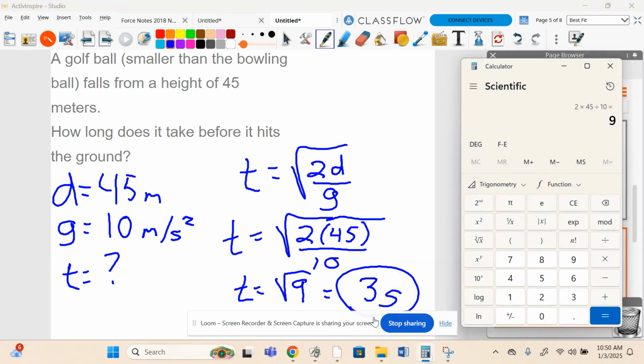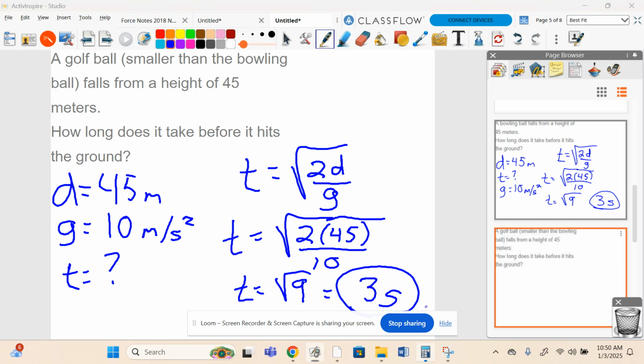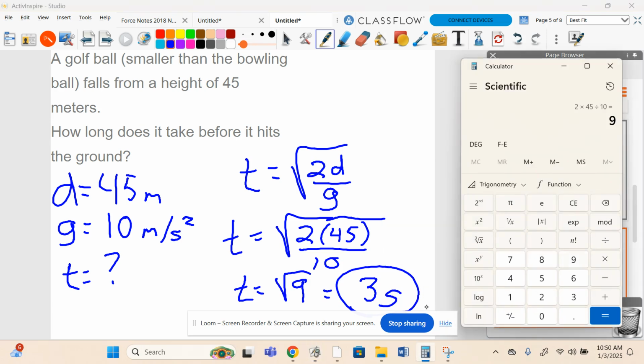How did I get 3 seconds? I took the square root of 9. Depending on your calculator, why did I divide by 10? Square root of 9. And that's going to give me 3 seconds as my answer. It doesn't matter the size of an object. All objects fall at the same rate.